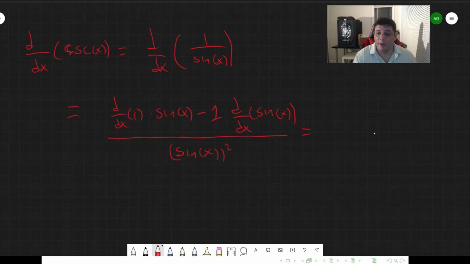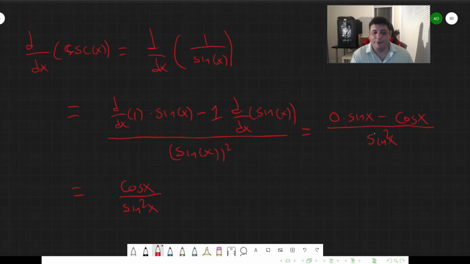The derivative of 1 is 0. So this is 0 times sine of x, minus the derivative of sine of x, which is cosine, over sine squared. Notice this sine times 0 is going to be a 0. So we're going to get minus cosine of x over sine squared of x.